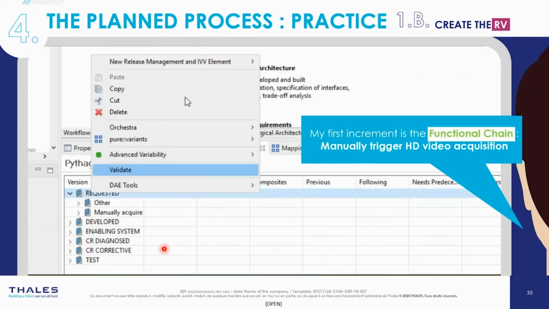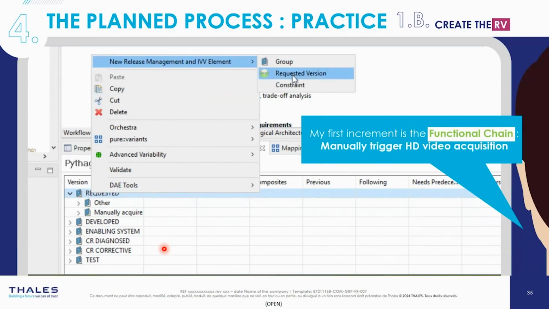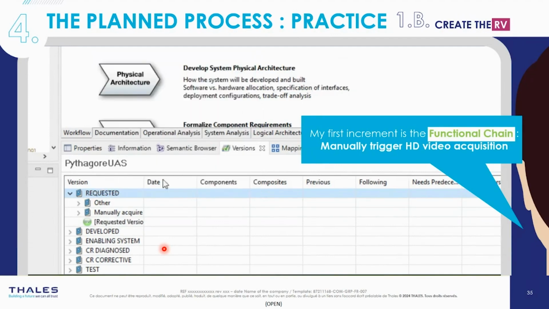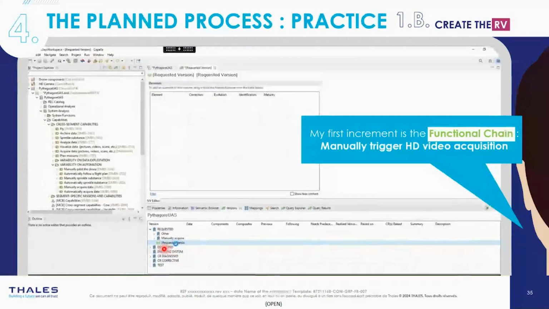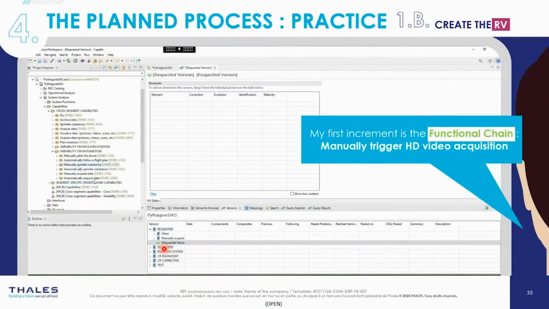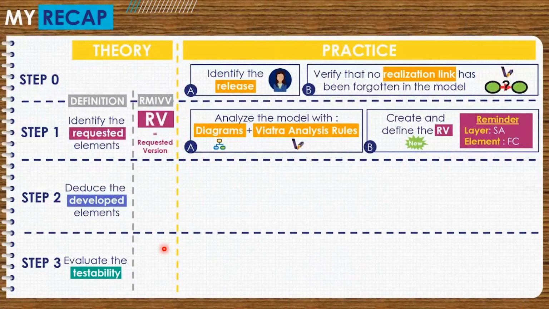We create our requested version and the array I mentioned earlier appears. He will rename it, for example, RV1, and then fill it by dragging and dropping our first functional chain. Now that we have defined the need, let's move on to step two.